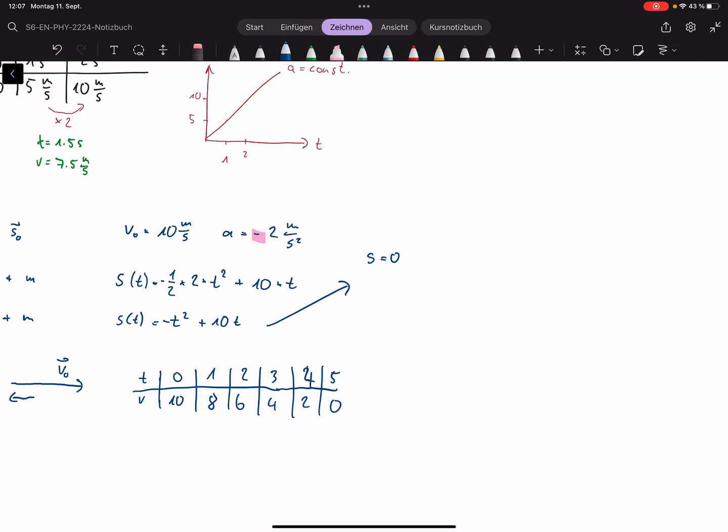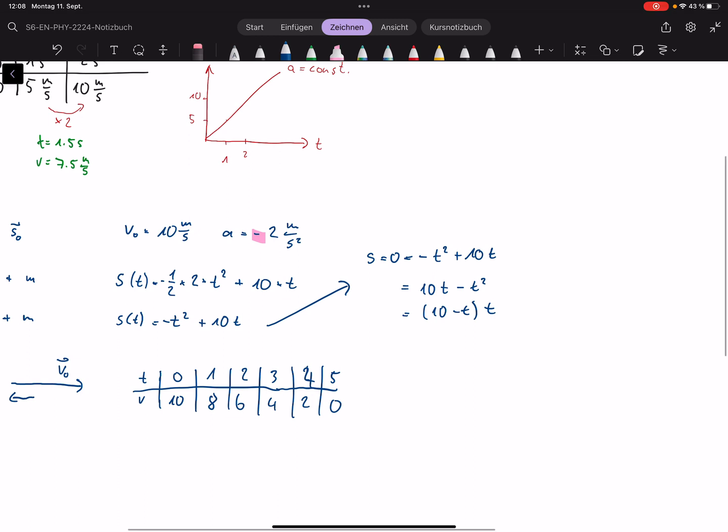S is equal to 0, is minus t squared plus 10t. That can be done without the calculator, because this is a special type of equation. Might be easier to write it this way, 10 minus t times t.